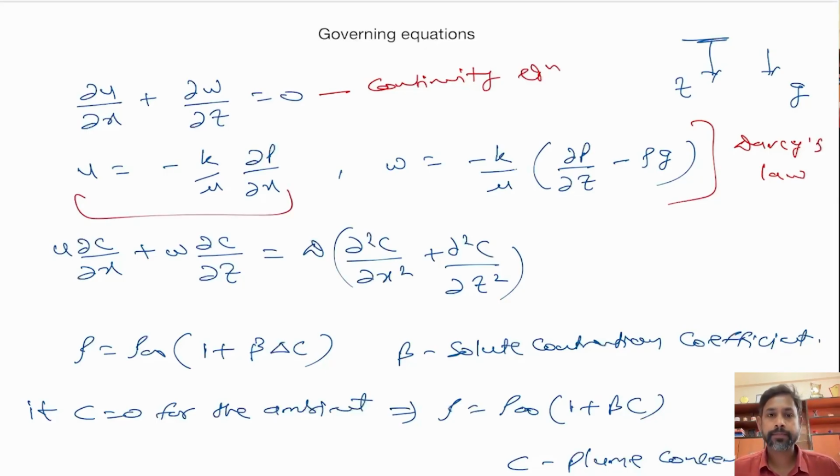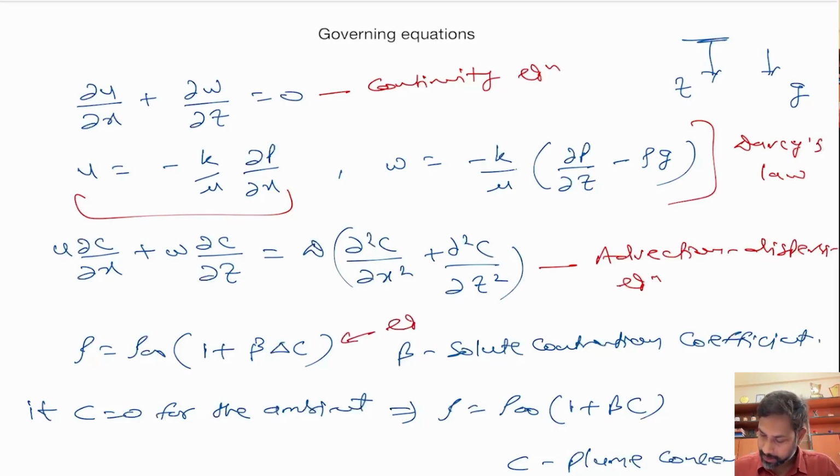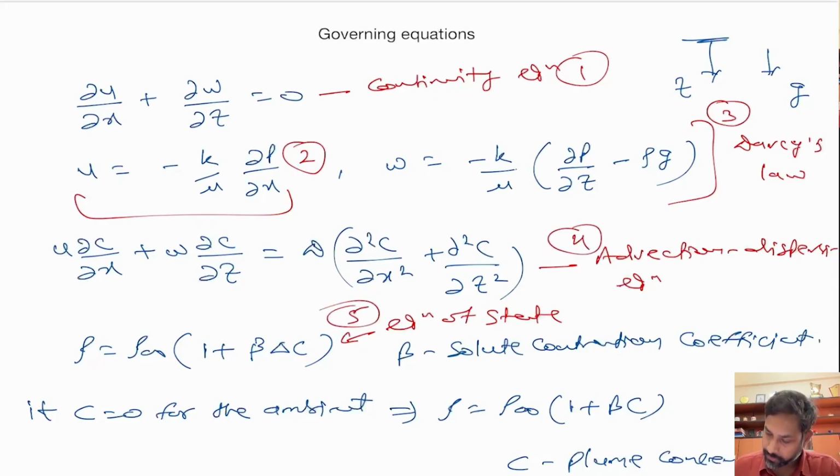This one and that one, one in the horizontal direction and the other in the vertical direction, and this equation is the advection dispersion equation, and this is the equation of state. All right, so we have equation 1, then equation 2, equation 3, equation 4 and equation 5. So we are using a total of 5 different equations to solve this problem.